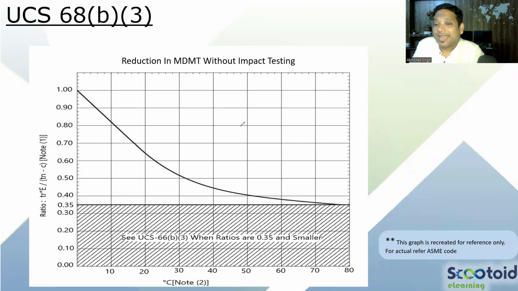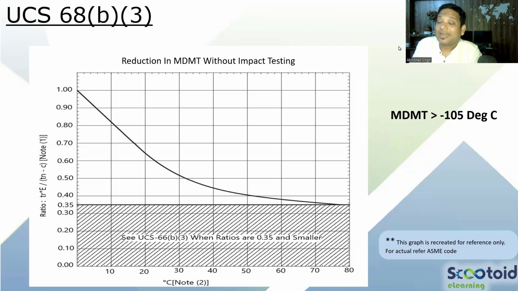So when the ratio which you calculated using TR divided by TL, the actual thickness is very high. That means if your ratio is less than 0.35, in that case your MDMT will be directly minus 105. So you can use that up to minus 105 if you are having a stress ratio of 0.35 or less.